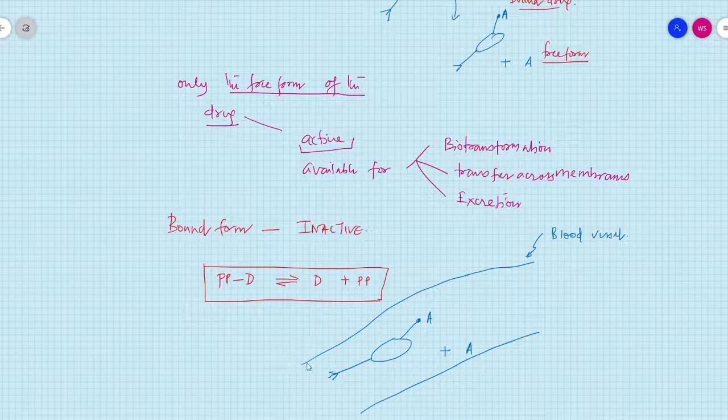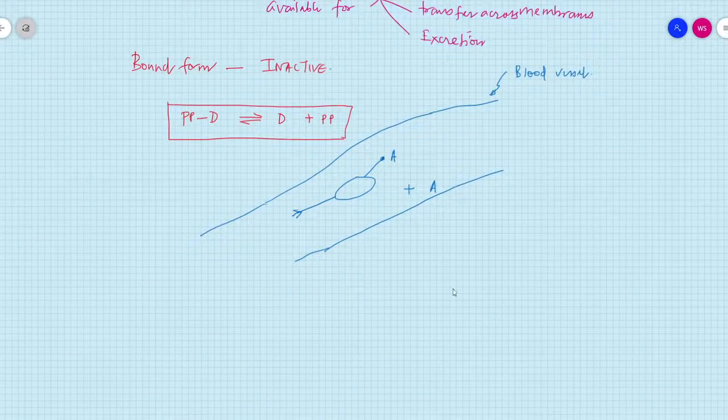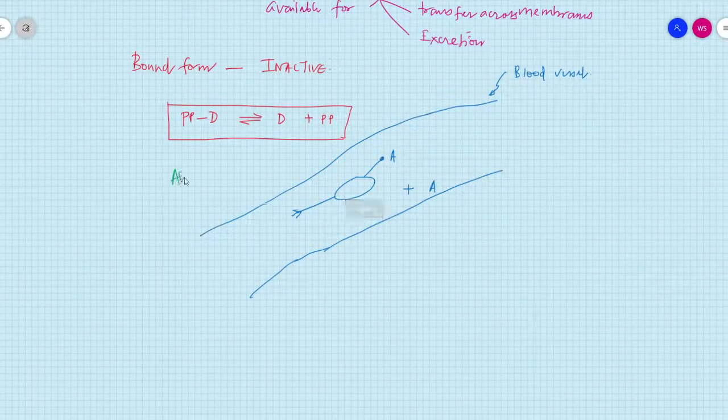Okay, so the drug enters the body either by absorption or by intravenous administration. The drug enters into the blood, and here we've got this blood flowing.